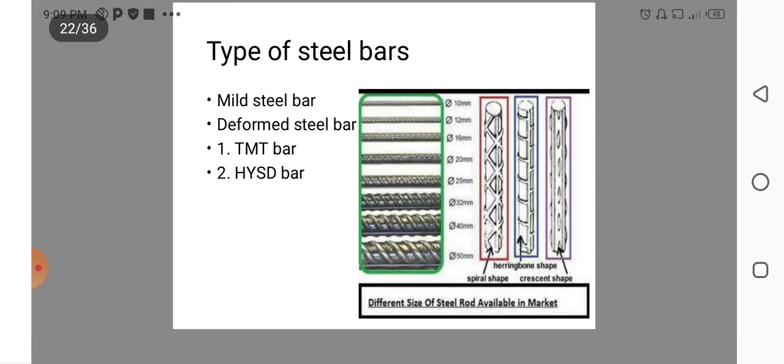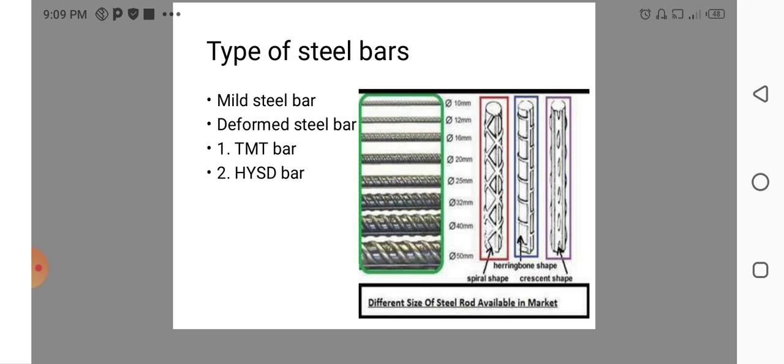Types of steel bars. As our steel is categorized based on carbon, we are categorizing according to two types: mild steel bar and deformed steel bar. Mild steel bar, which we have already discussed, has good ductility property.